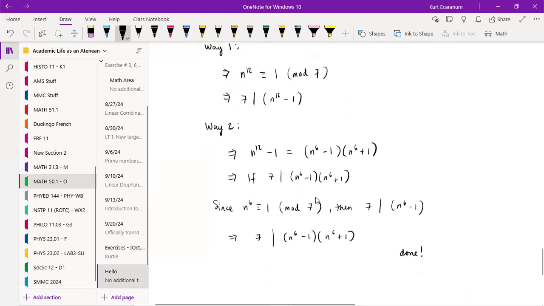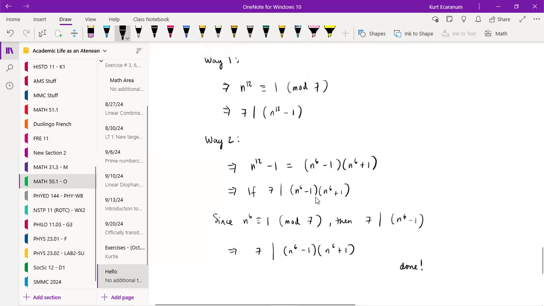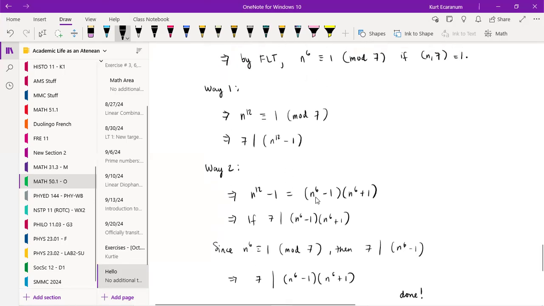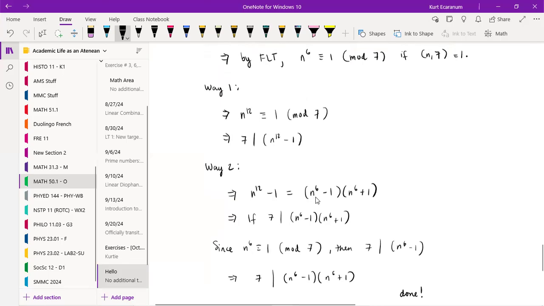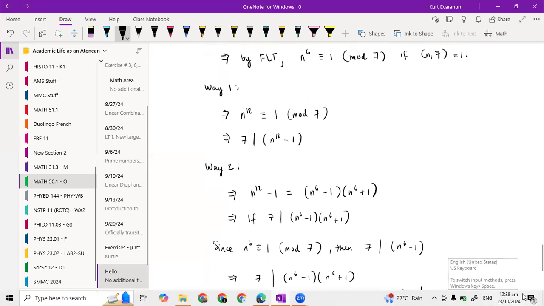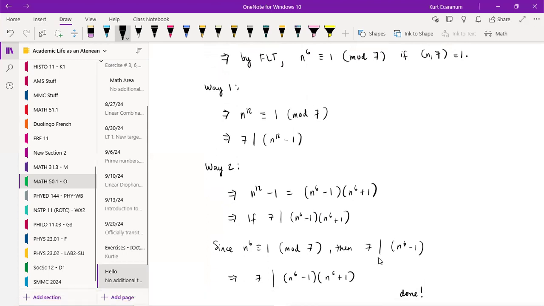Sa second naman, medyo mahaba kasi ginawa mong difference of two squares but you utilized yung definition or maintain mo yung essence nung n to the 6 congruent to 1. Diba? Kasi you can express it, you can state it otherwise as 7 divides n to the 6 minus 1.